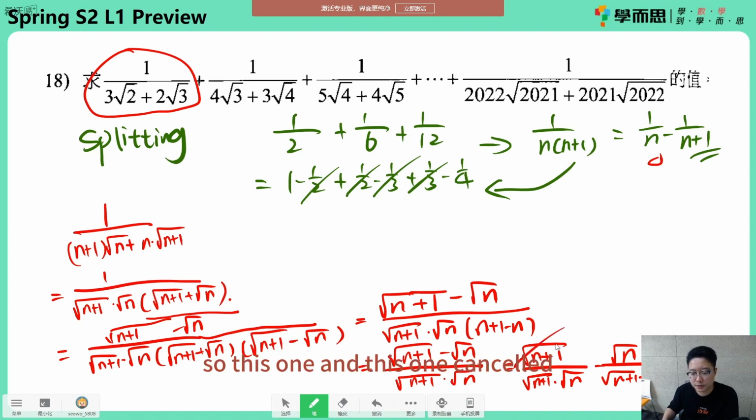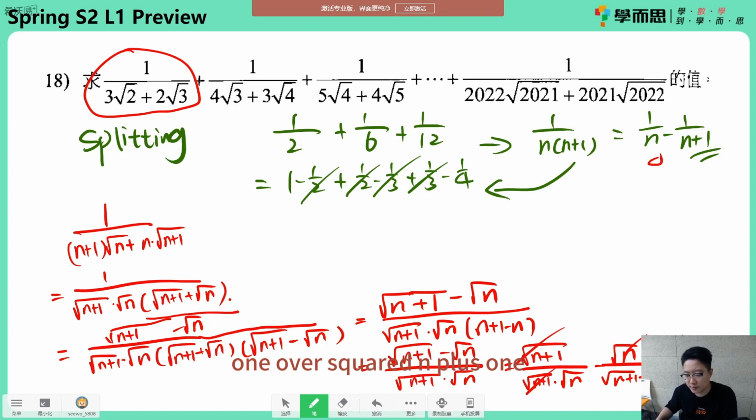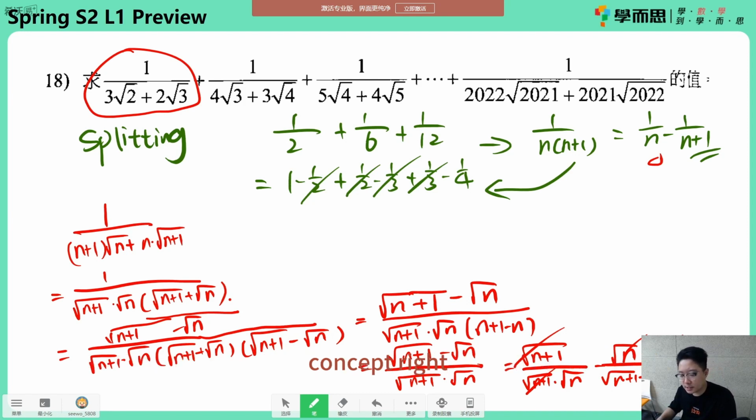Okay? So this one and this one cancel, this one and this one cancel, and it equals 1 over square root n minus 1 over square root n plus 1. So the splitting of radicals is usually based on this concept, right? So let us remember this one and let's clear it.